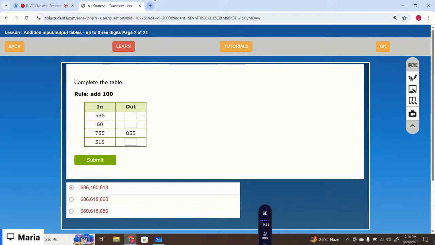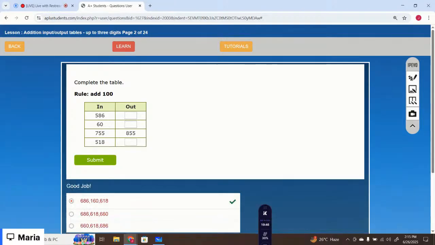And 518 plus 100 makes 618. So option number 1 is the correct option.